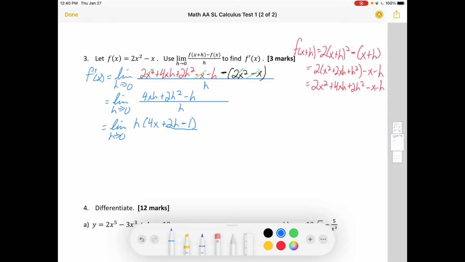It is safer and more correct for us to factor, divide out our h's, and then we're going to have 4x plus 2h minus 1. And then, of course, as h goes to 0, that 2h becomes 0. We're left with 4x minus 1, which, frankly, we knew was going to be the answer all along.